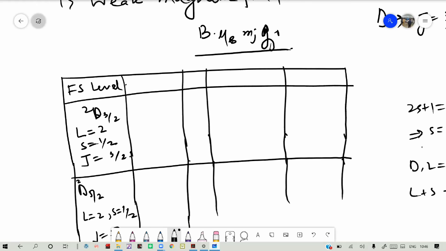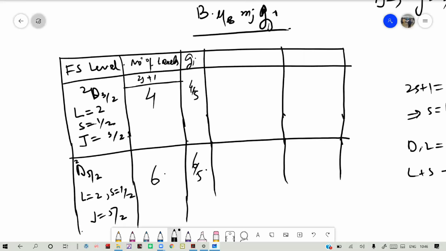Now the components in case of weak field, the number of lines is 2J plus 1. So 2J plus 1 equals how many for this? It is 4, and for this it is 6. For this case, GJ will be 4 by 5 here, and 6 by 5 here.